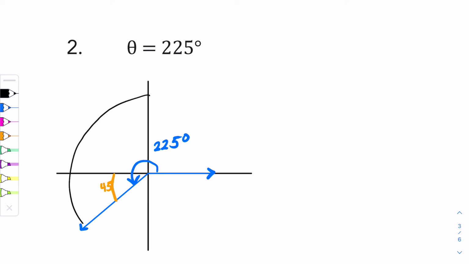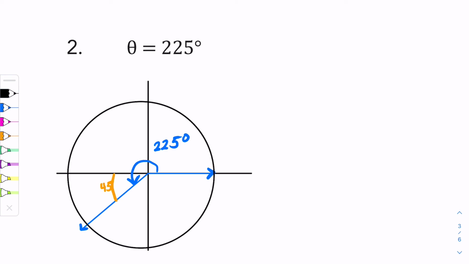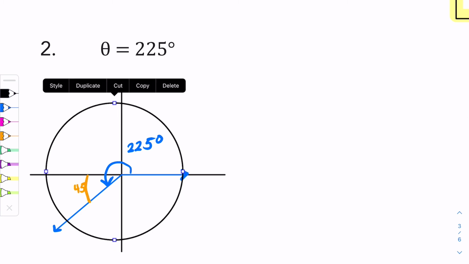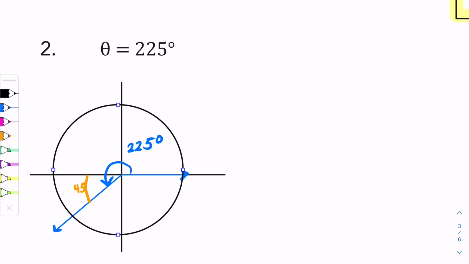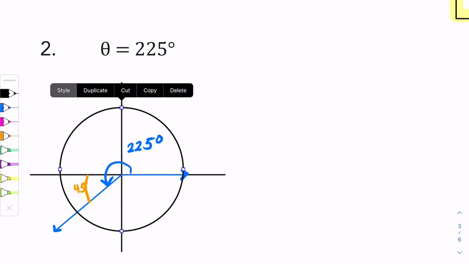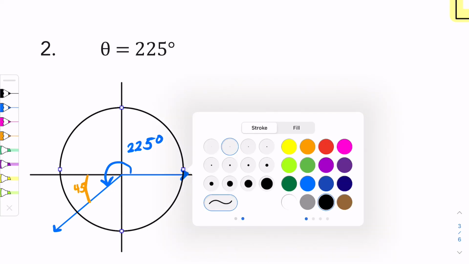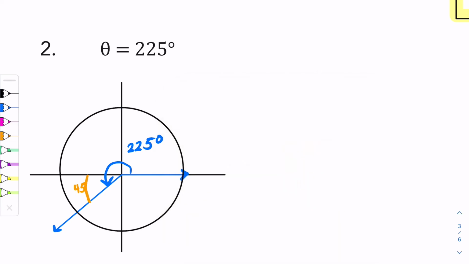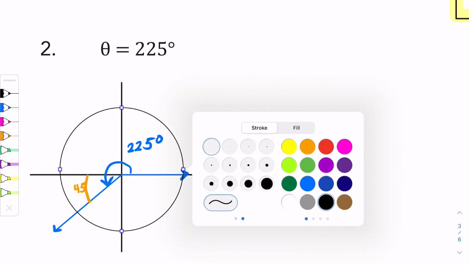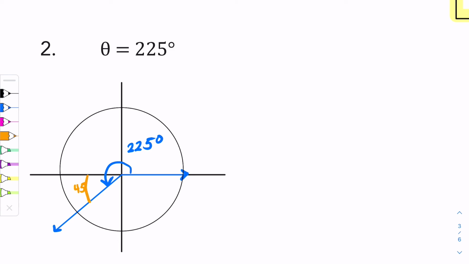I'm also just going to sketch the unit circle. And I'm going to mark where my point intersects the unit circle. So this is the point where we're looking for x comma y.